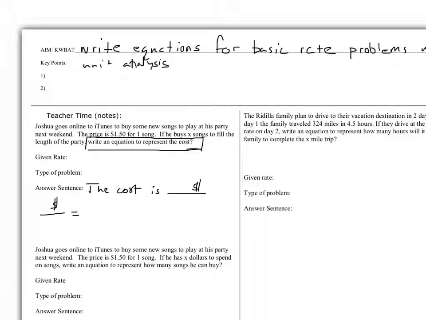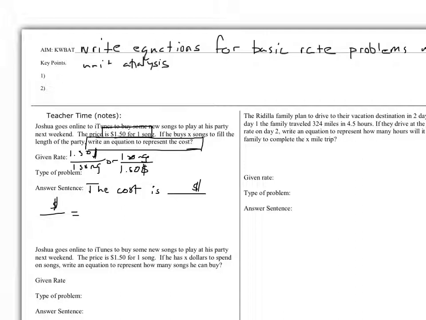As we go through, we find our rate is $1.50 per song, so $1.50 for one song, or one song for $1.50.